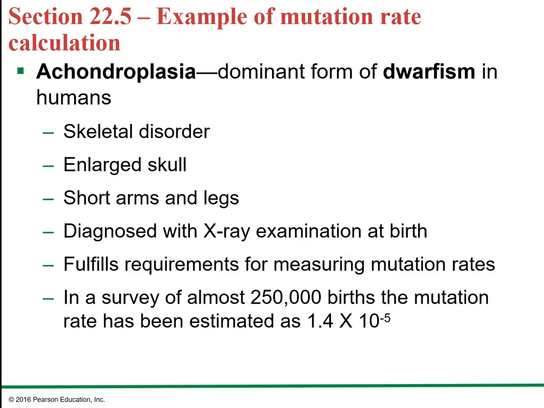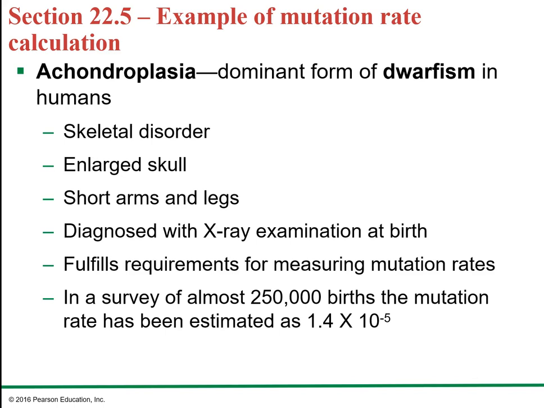Okay, the one example, and we're not going to do a calculation or anything like that, the one example the book gives is a dominant form of dwarfism, okay? It's a skeletal disorder. You have an enlarged skull, but short arms and legs. They diagnose it by x-ray at birth, and it fulfills the requirements for measuring mutation rates that we just talked about: given the way this is expressed, you're able to calculate a mutation rate.